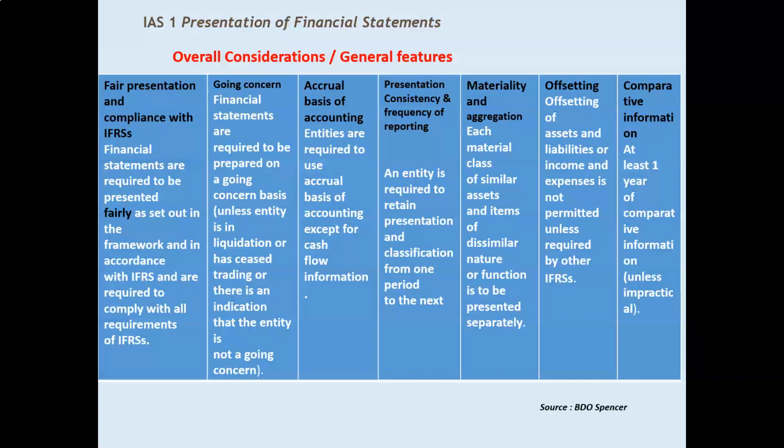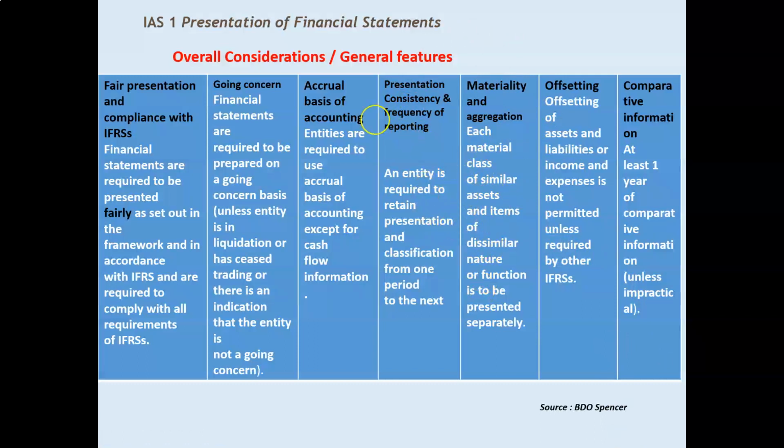So I'm allowed to aggregate, count together all the depreciation expense charges and only show one figure in my income statement, but then the reader would like to see what was the breakdown. And in a note, I will give him the depreciation on vehicles, depreciation on equipment, depreciation on buildings, all of my classes of assets. I'm going to break it down and I'm going to give it to him separately. Right.